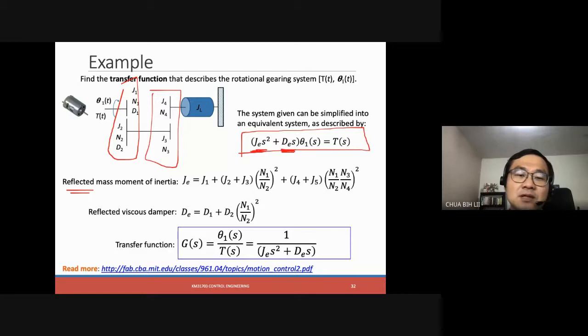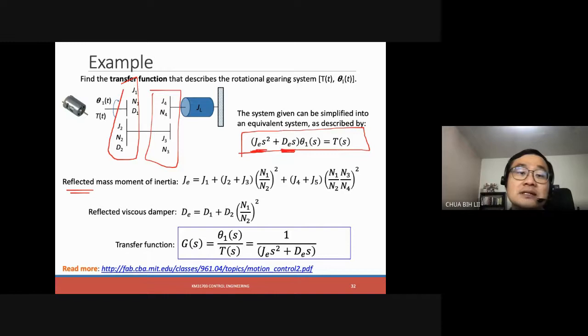The important sections over here probably would be on the motor side, the T side, or maybe on the other end, depending on what you would like to model.